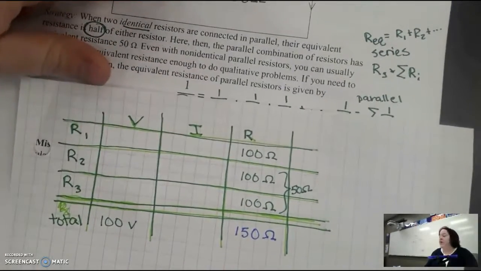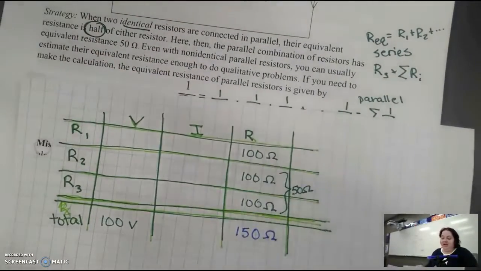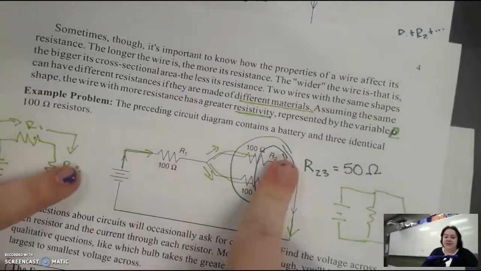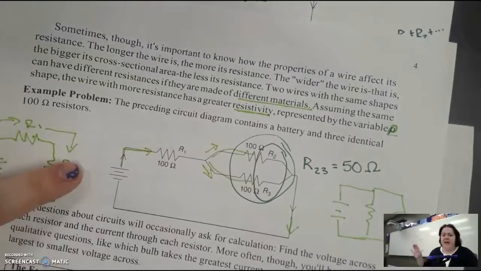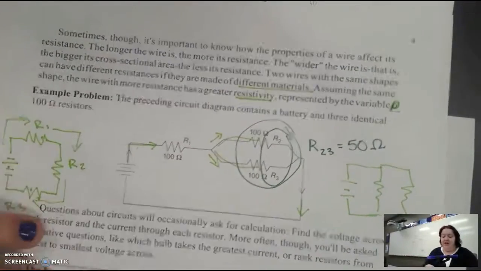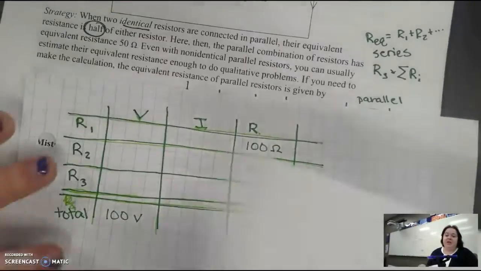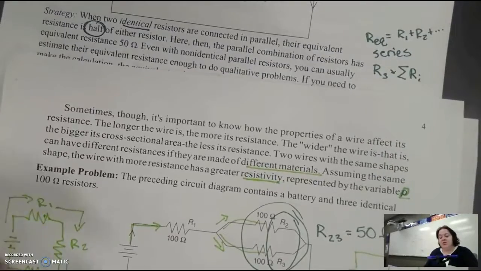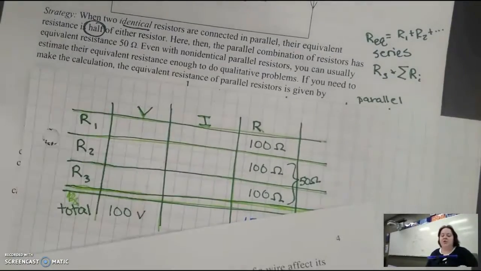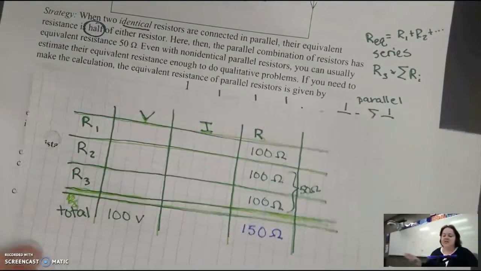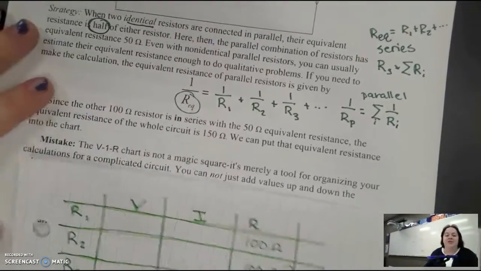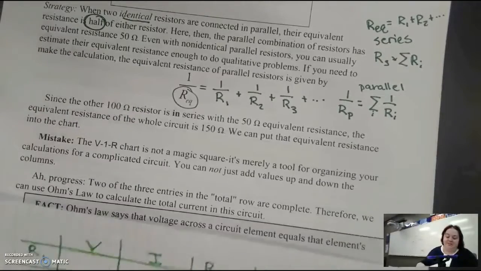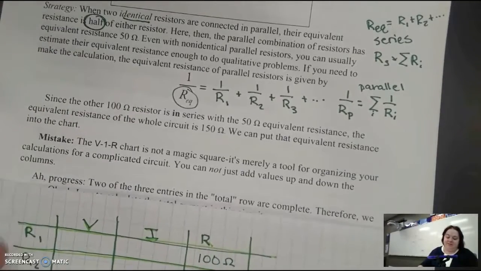And when you're dealing with what's called a combination circuit that has series and parallel, you can't. It's just not a thing. None of them are going to add up neatly. If you're dealing with just series or just parallel, then at least one of your columns is going to add up neatly. So again, I like the term magic square. You can't just add numbers. Don't get tempted to do that. All right.